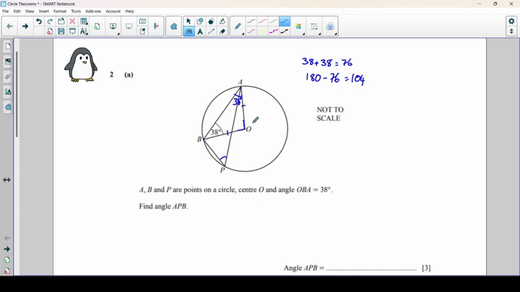So that angle at the centre, this one here, is 104 degrees. So let's write that a little bit more clearly. And now we're going to use our circle theorem that the angle at the centre is twice the angle at the circumference. So 104 divided by 2, so this one here is 52 degrees.